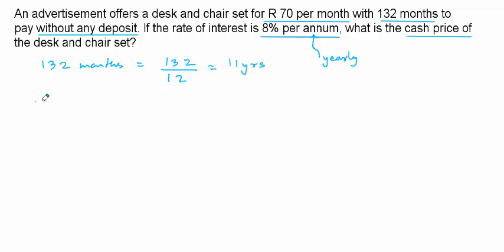Now the total amount paid from the numbers given in the problem is equal to, if you're paying 70 Rand per month and you do that for 132 months, you're effectively paying 70 times 132, which is 9,240 Rand.